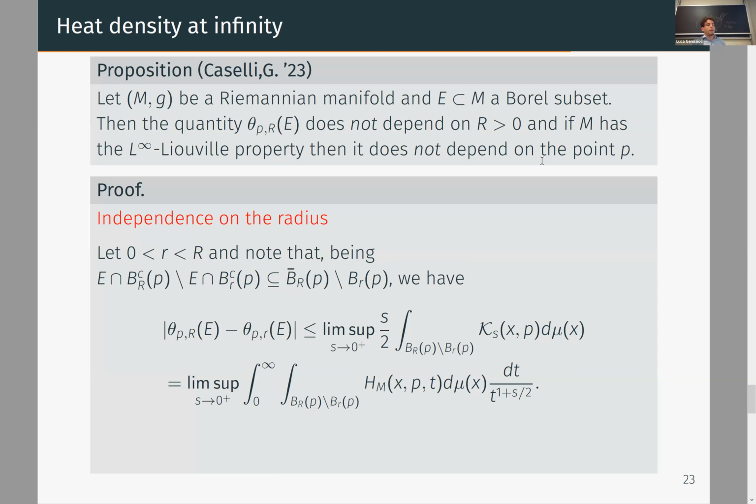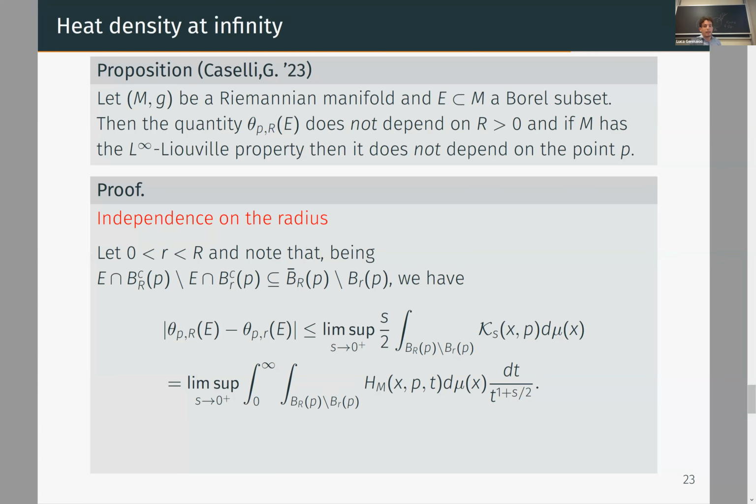Again, with the tools that I told you about the kernel, it's really easy to prove this. First you notice that it doesn't depend on the radius because theta for a bounded set is 0, since theta captures the behavior at infinity. So if your set is bounded, you get 0.